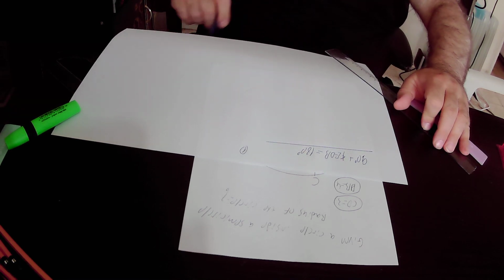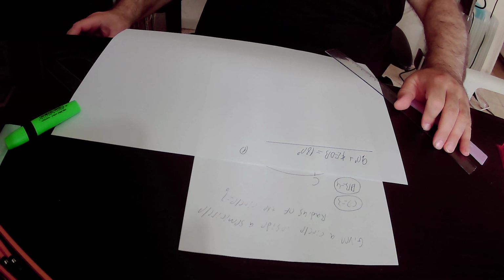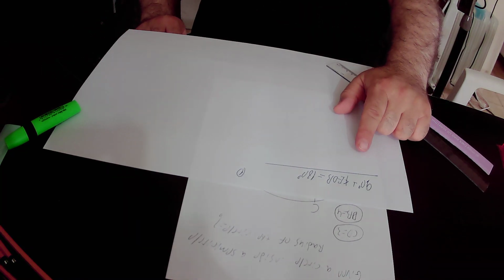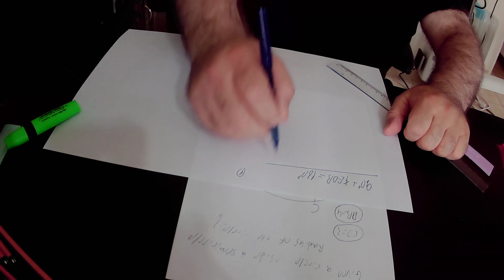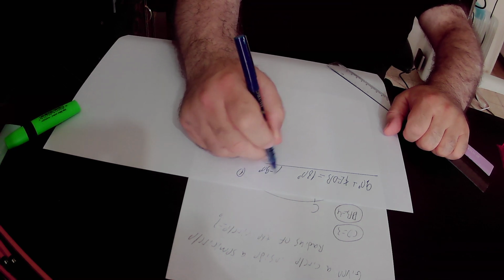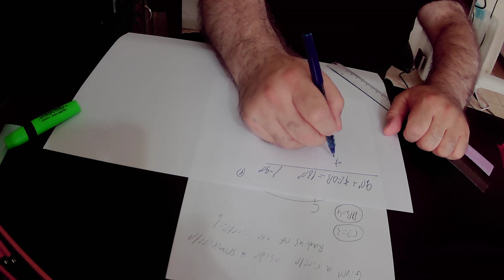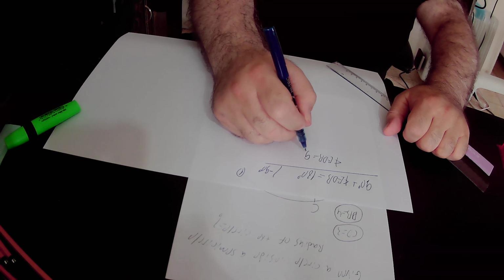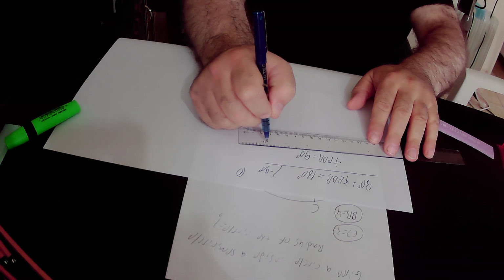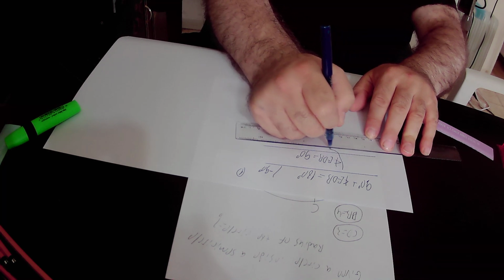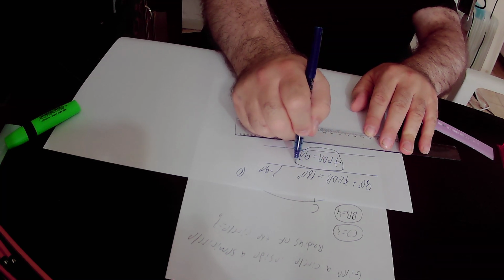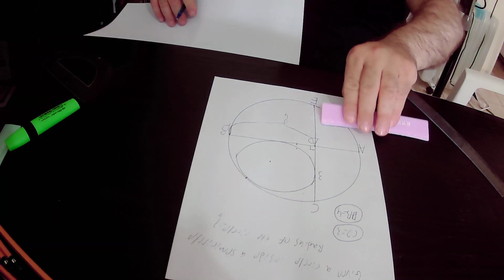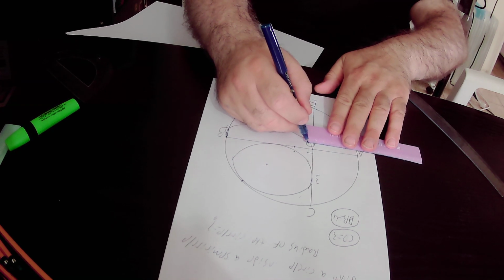Okay, so here we will subtract 90 degrees from this equation, and we get that the size of angle EDB is equal to 180 degrees minus 90 degrees, which is 90 degrees. So angle EDB equals 90 degrees, it is a right angle.